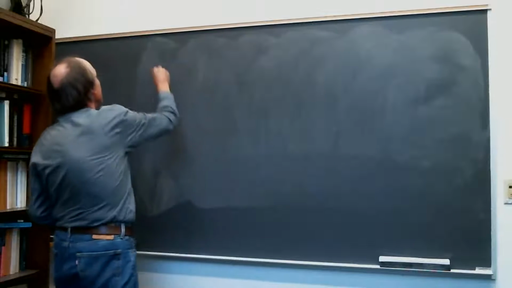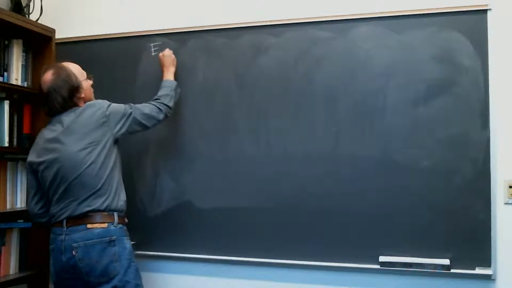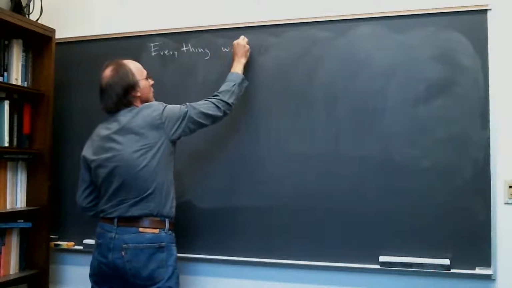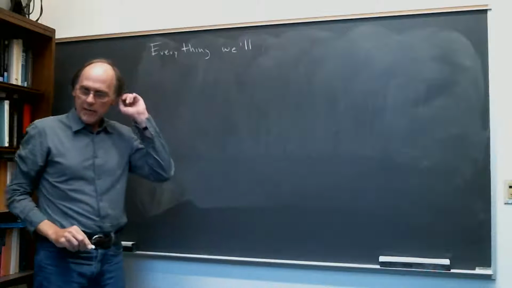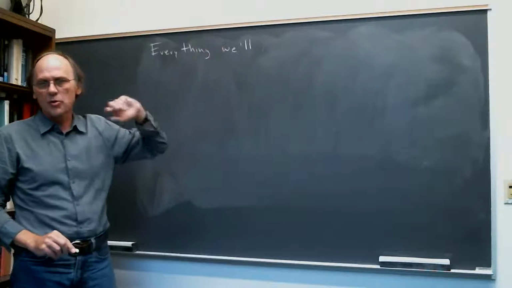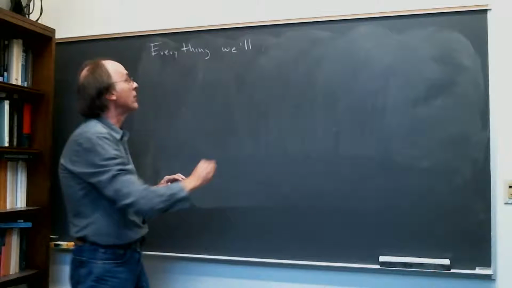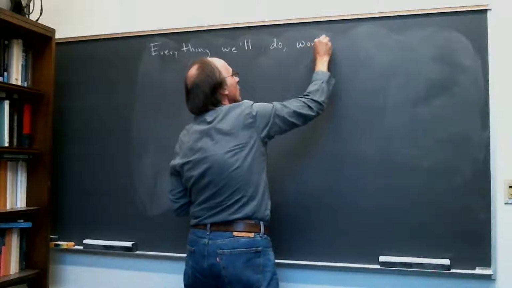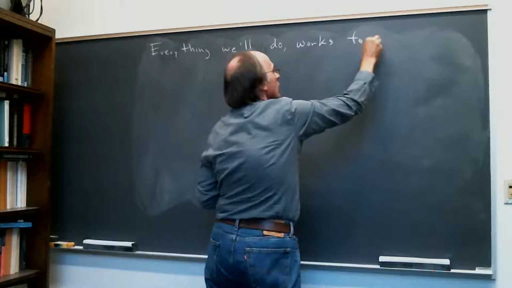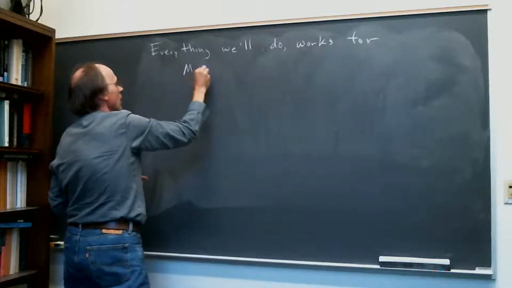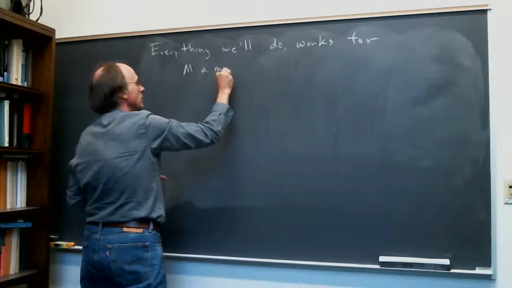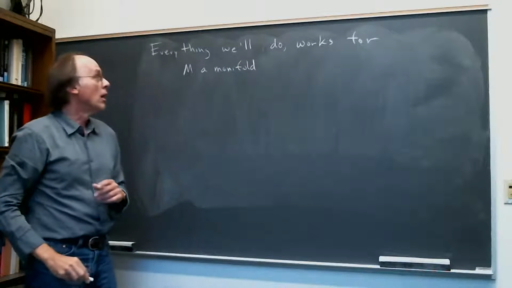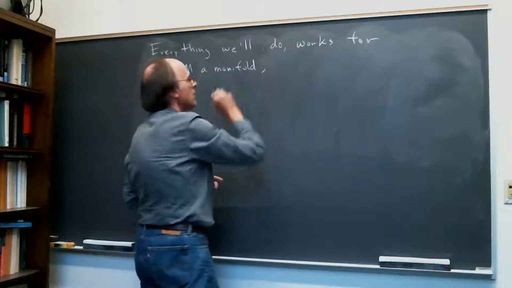So everything we do, well, actually, I shouldn't say everything, but everything we'll do for most of this lecture, whenever I'm talking about the geometry, works for M, a manifold, locally.